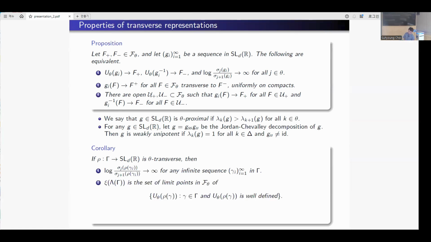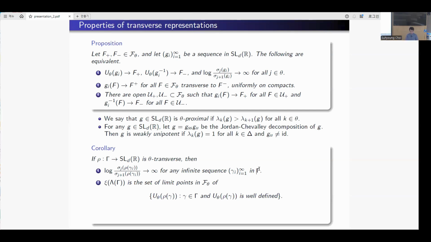And the second thing, again using 3 implies 1, but you're looking at the first 2 parts instead of the third part. What you can deduce is that the image of this map C inside of the flag manifold is really just the set of limit points of the u_theta(rho(gamma)) whenever u_theta(rho(gamma)) is well defined.